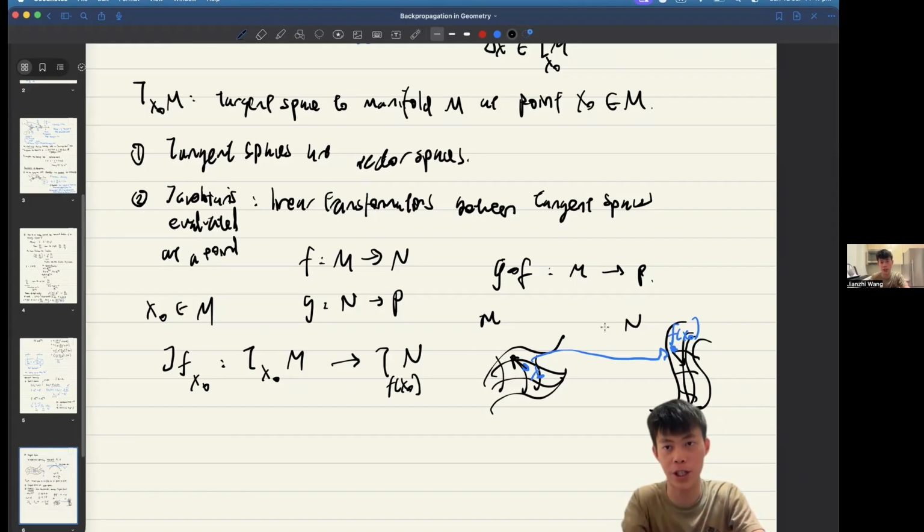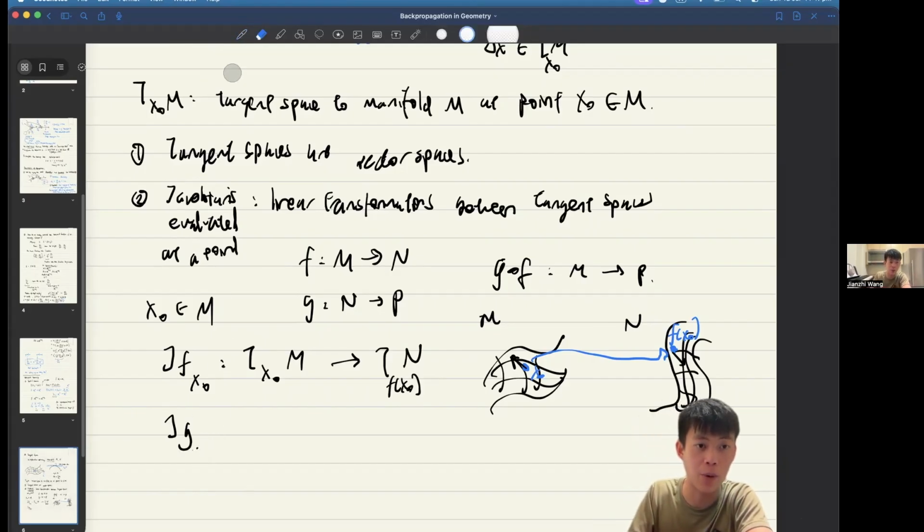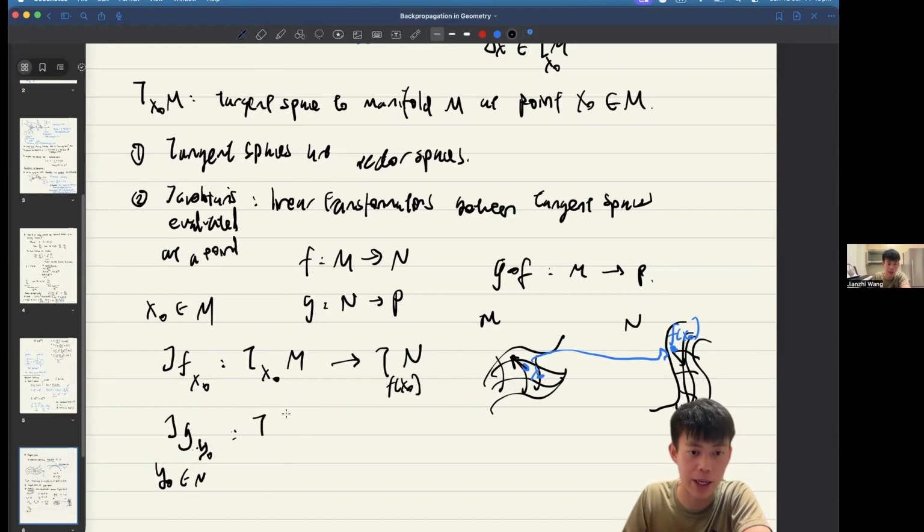For all our machine learning discussions earlier, this is really saying an infinitesimal change in the input will lead to an infinitesimal change in the output. Similarly, the Jacobian of g at a point, let's say y0, a point in N, is a linear transformation from the tangent space to N at y0 to the tangent space to the manifold P at g(y0).